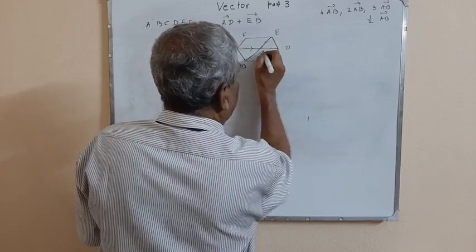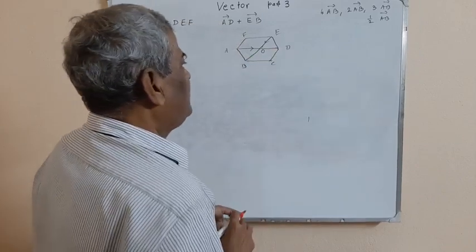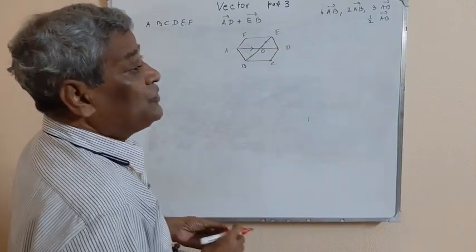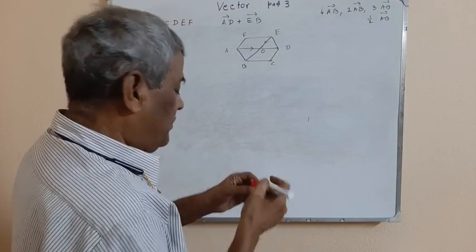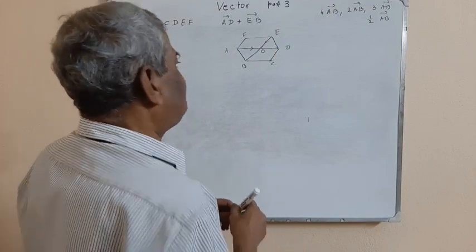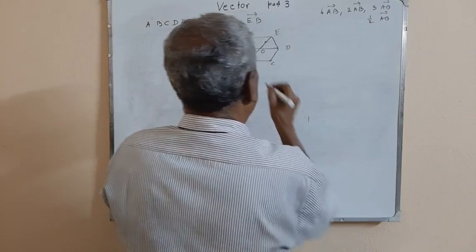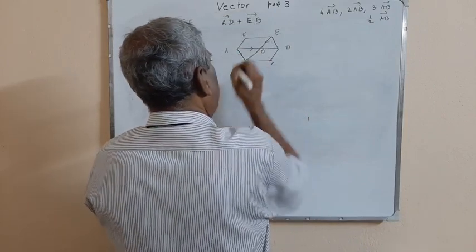Suppose they meet at the point O. And you see, options are all in terms of the AB vector. So AB vector is this vector.